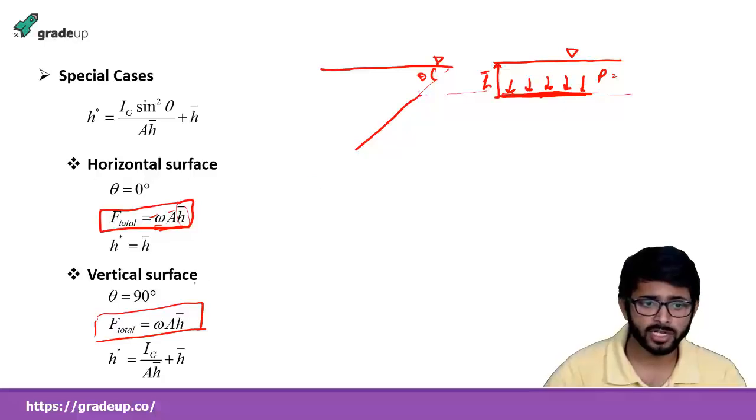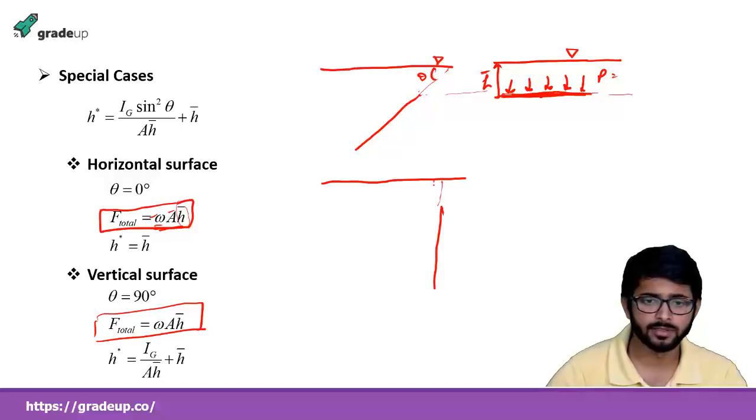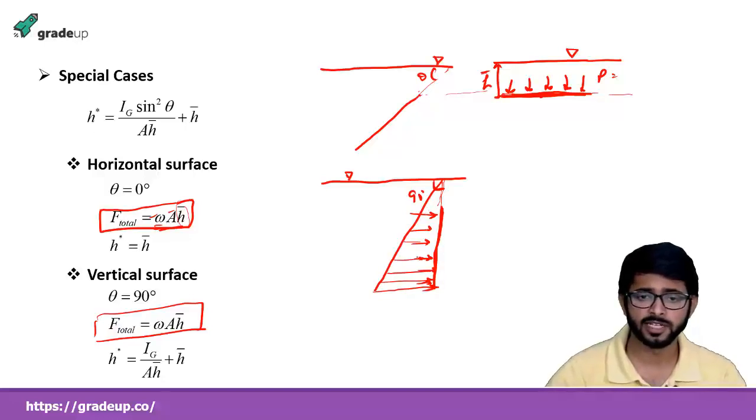Now if we talk about the plate having an angle of 90 degrees from the surface, here the pressure force is acting perpendicular to the surface, just like this, and we know the pressure is increasing downward.